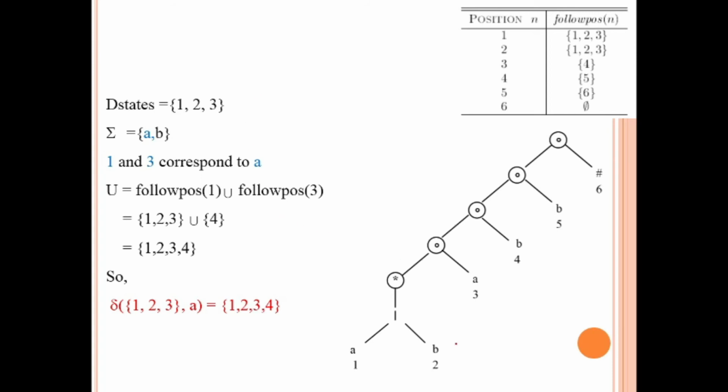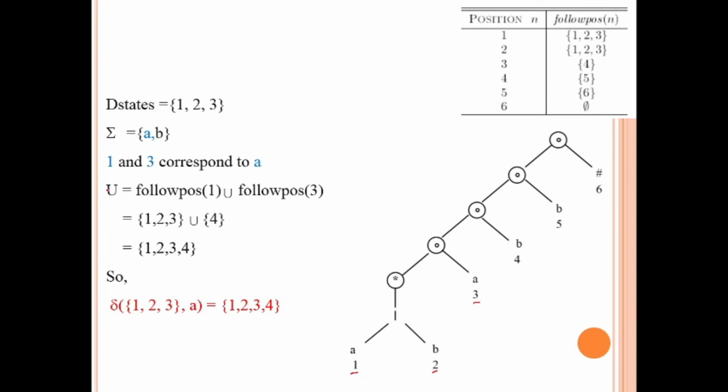You can see from the syntax tree that positions 1 and 3 correspond to A, and position 2 corresponds to symbol B. So we'll pick up positions 1 and 3, which correspond to A.